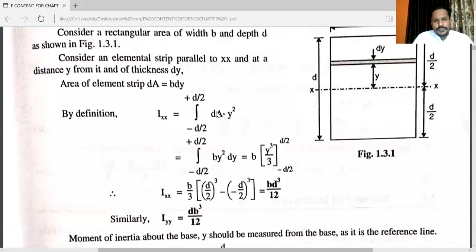As we know, dA is nothing but b into dy. So instead of dA, we are putting b into dy.